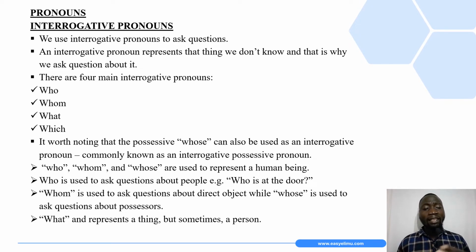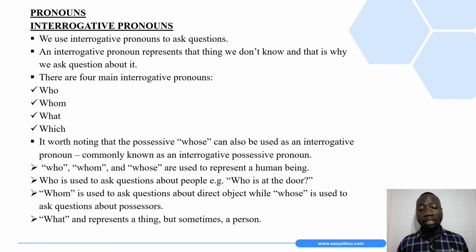Another thing that is important to note is that who, whom, and whose are used to represent a human being. Who is used to ask questions about people, for example, who is at the door, and whom is used to ask questions about a direct object. Also, whose is used to ask questions about possessors, just like I said before.